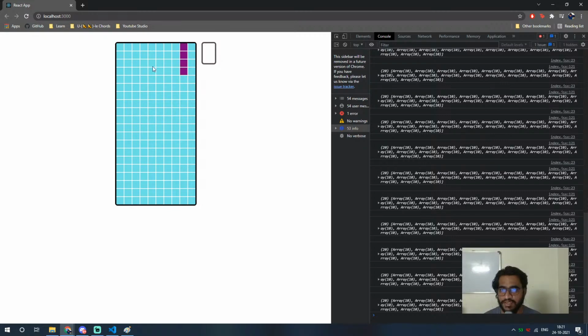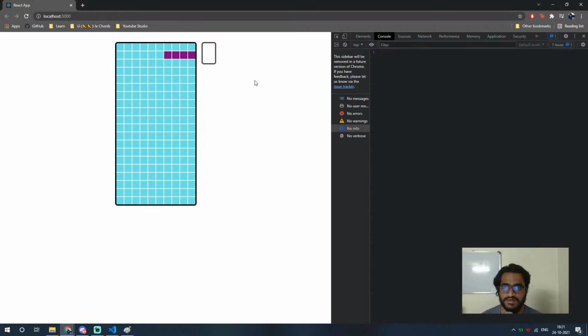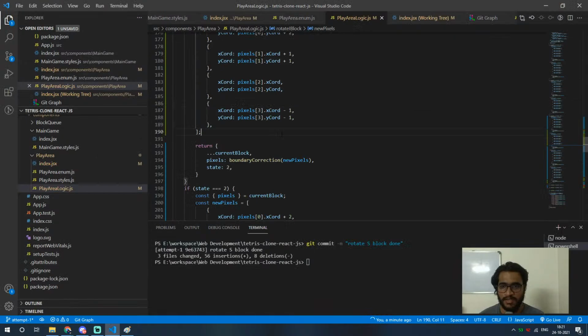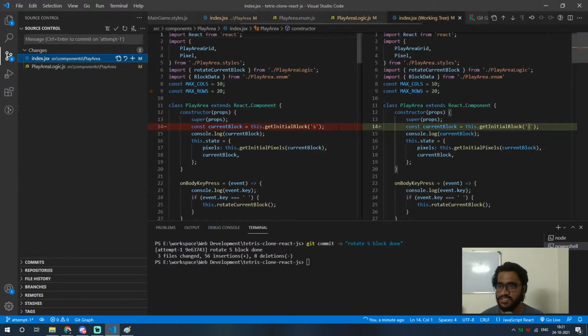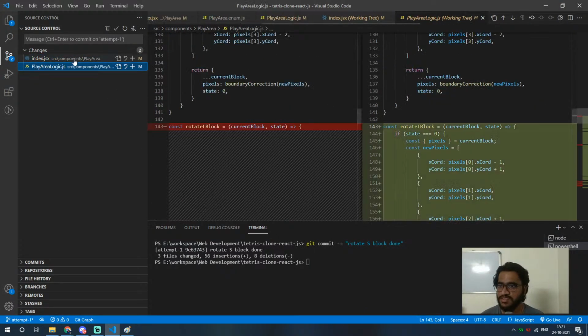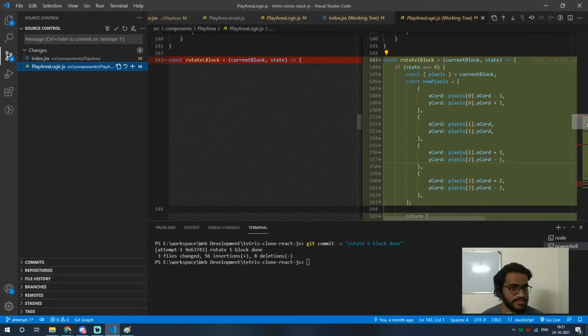So if we spam rotation, it is going in a horizontal way, it's okay. I think it's okay with the vision of Tetris. I'll check later. I think we can call it done for I rotation. So let me just commit this because it's in a stable state right now.